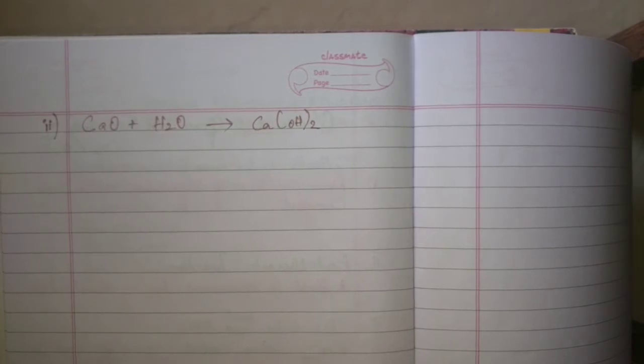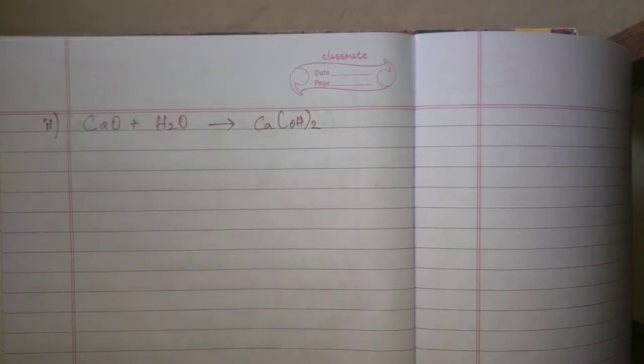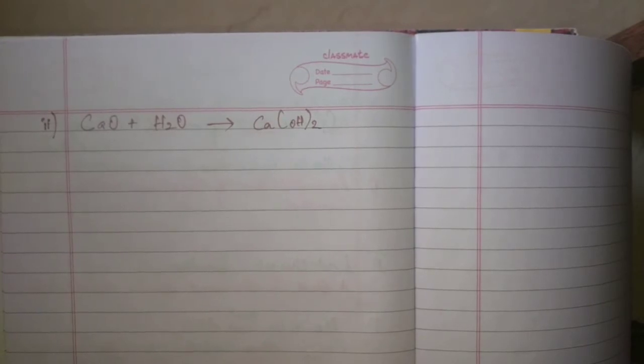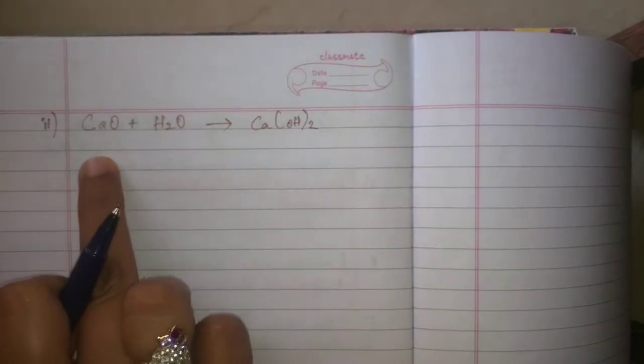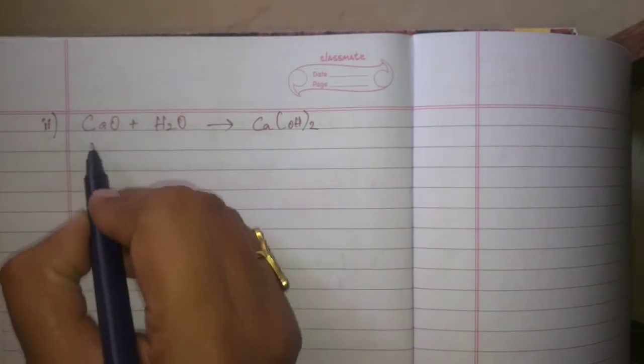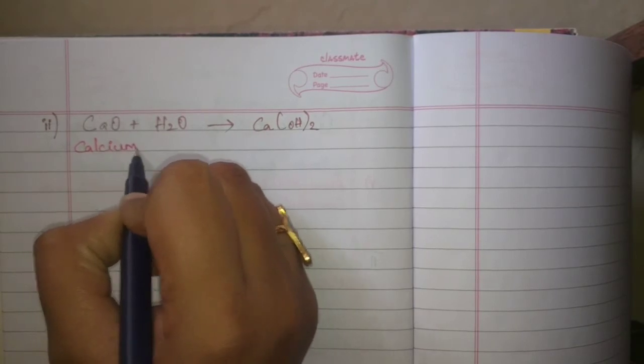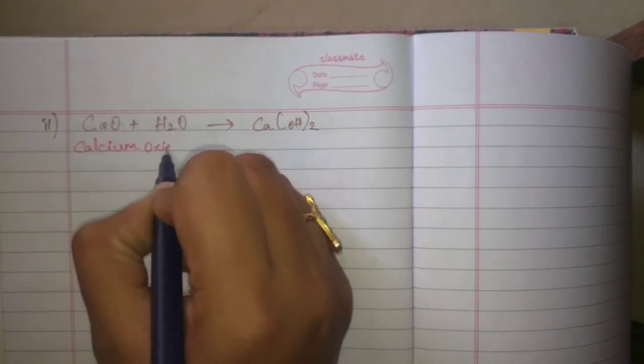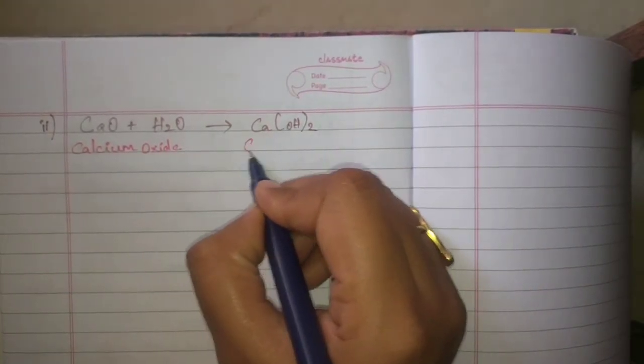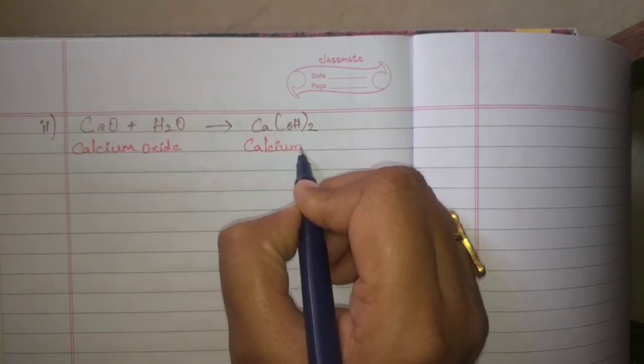So this equation is repeated, students. You should know why it is important and what special names are given to this reaction. What are the special names for these reactants and products, you should know. See here, first write down the name, calcium oxide, and this is calcium hydroxide.